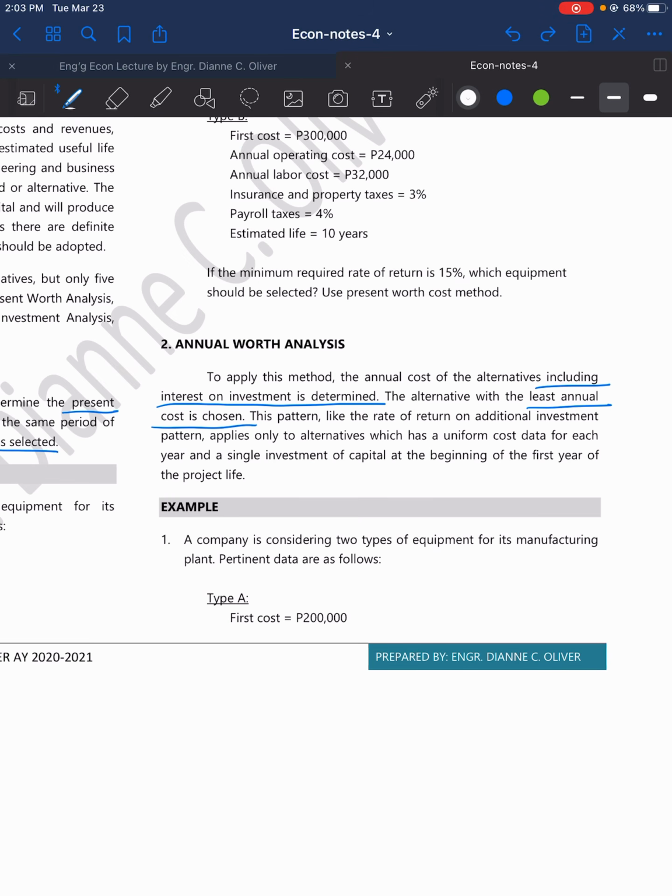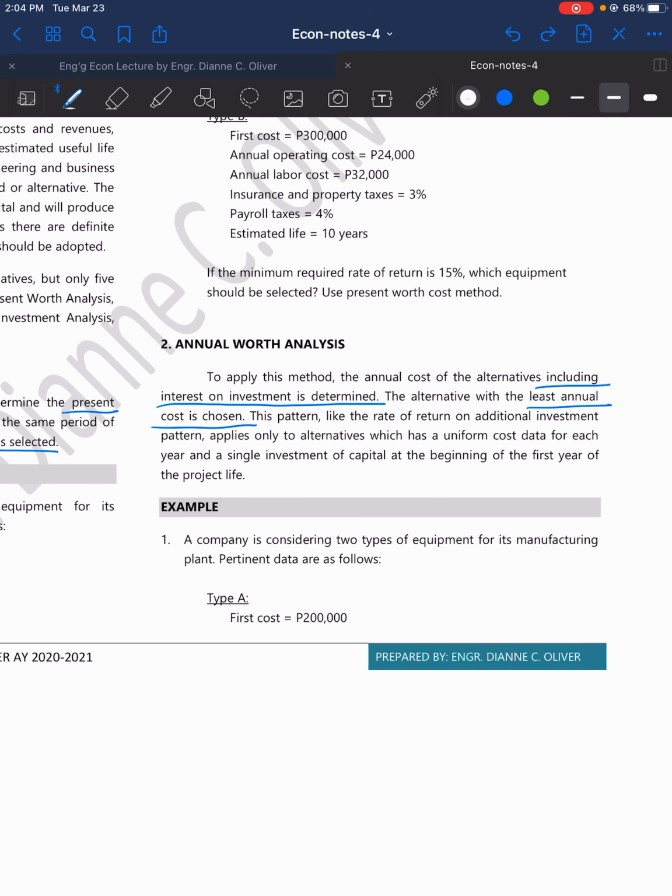And then you will choose the least annual cost. But since we are dealing with only one problem here and there are no two alternatives, we will just compare the cash inflow and cash outflow by subtracting cash outflow from the cash inflow.